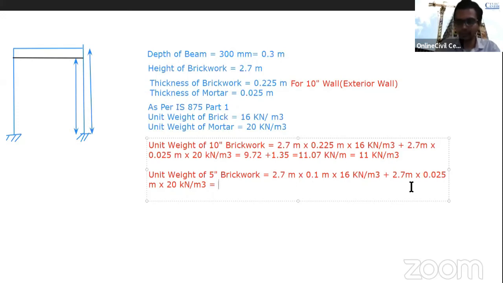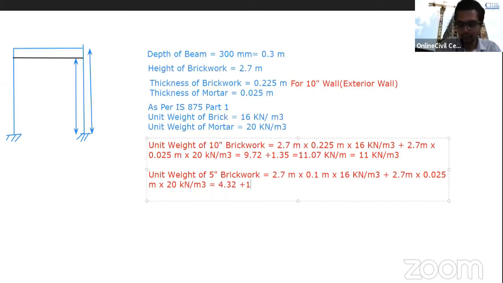But let's go with this. We'll just reduce the value a bit. So the calculation will be 2.7 into 0.1 into 16, which equals 4.32, plus your 2.7 into 20 into 0.025.